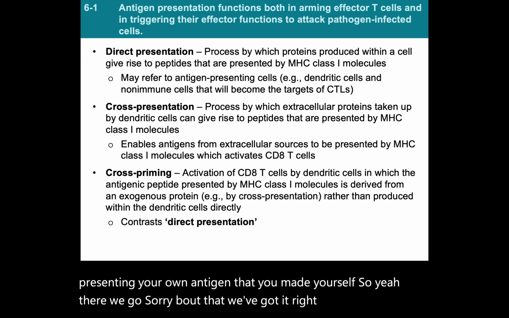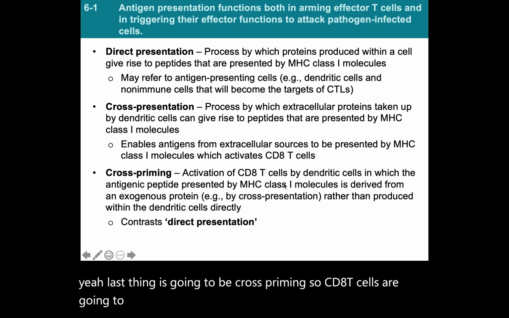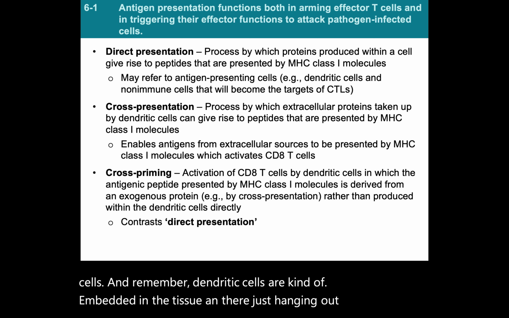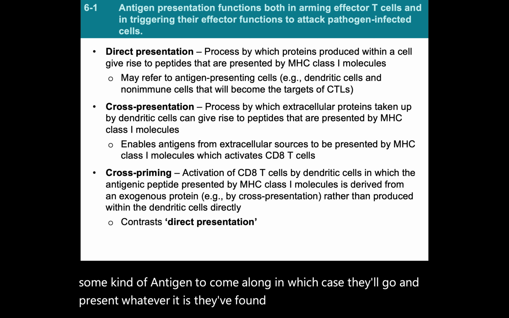All right. And the last thing is going to be cross priming. So CD8 T cells, which are our cytotoxic T cells, are going to be activated by dendritic cells. And remember, dendritic cells are embedded in the tissue, just hanging out and waiting for some kind of antigen to come along, in which case they'll present whatever they've found to CD8s via MHC class 1.